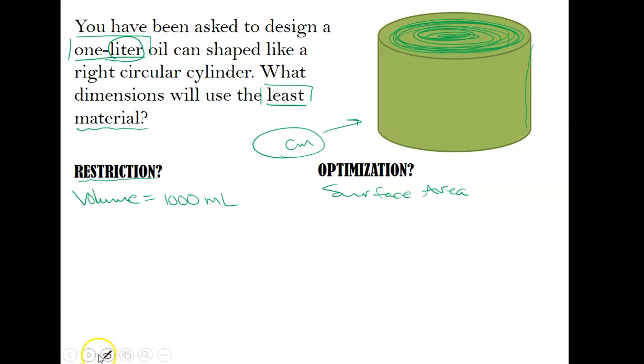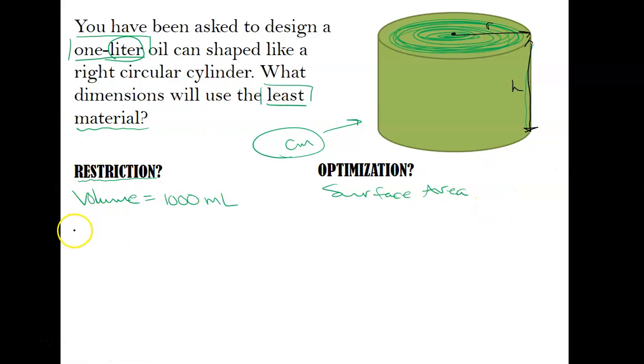So the first thing I'm going to do is identify some dimensions on here. So here's the radius of my can, which is going to be important. And then here's the height of my can, which will be important to us as well in both equations. Okay.